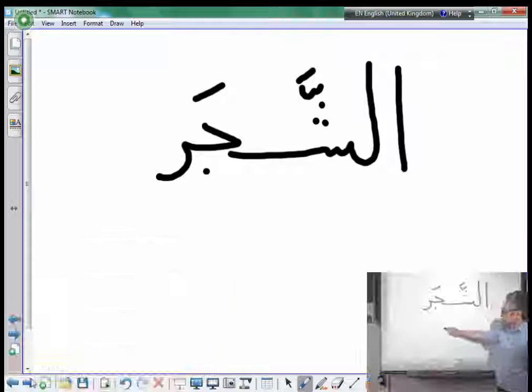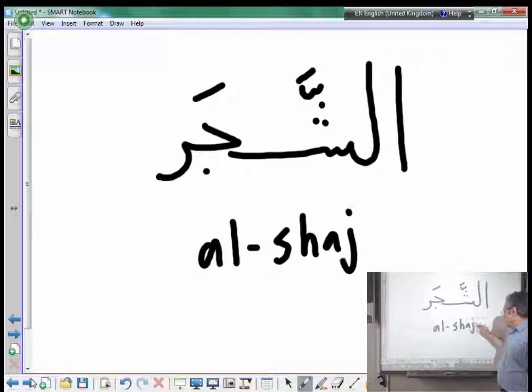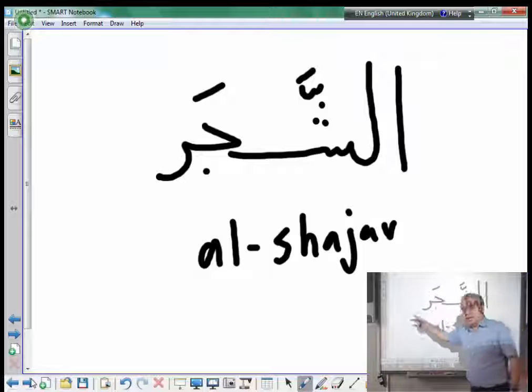If I want to write it, it is like al-shajar. But because the lam is a tongue letter and sheen is a tongue letter, it would be very exhausting for the tongue to move from L to shajar. Try it with me, al-shajar. Maybe you can say you can pronounce it easily, al-shajar.